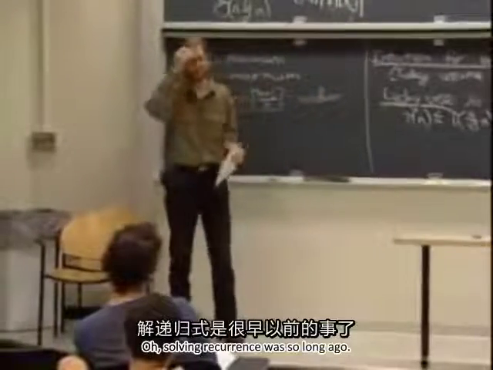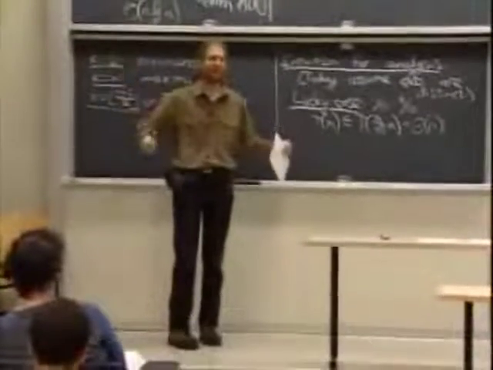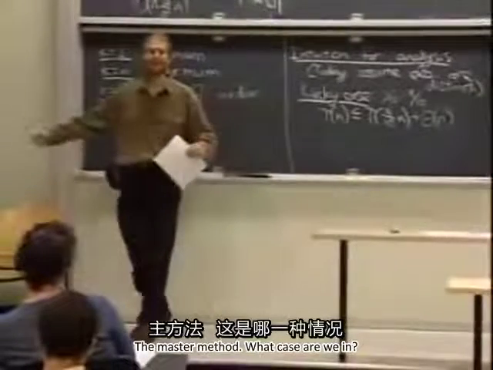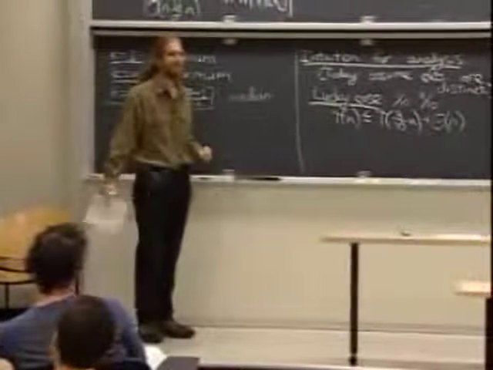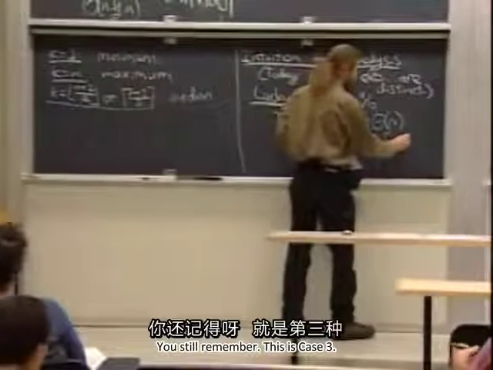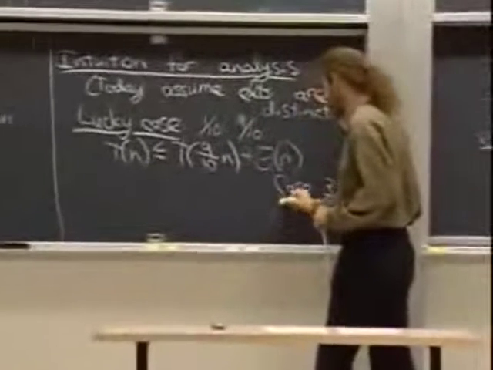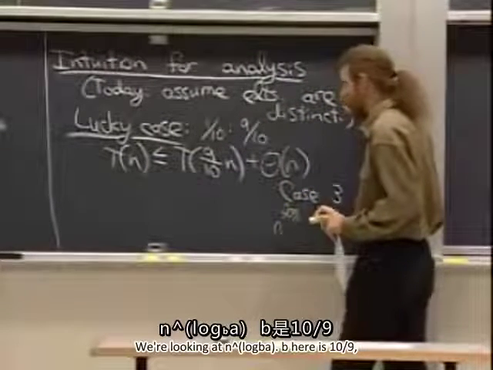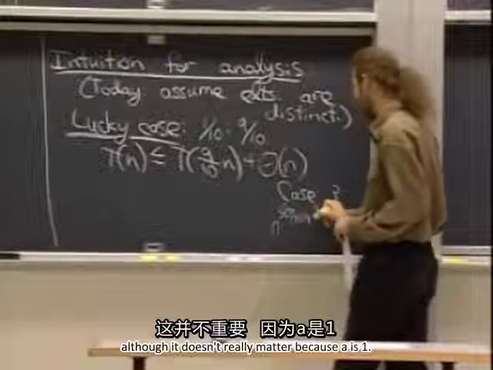Oh, solving recurrences is so long ago. What method should we use for solving this recurrence? The master method. What case are we in? 3. Good, still remember. This is case 3. We were looking at n to the log base b of a. b here is 10/9, though it doesn't really matter because a is 1.